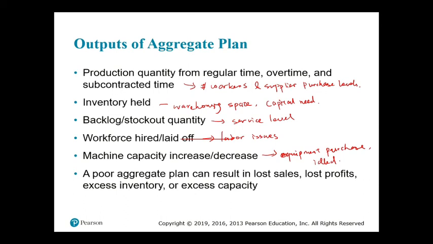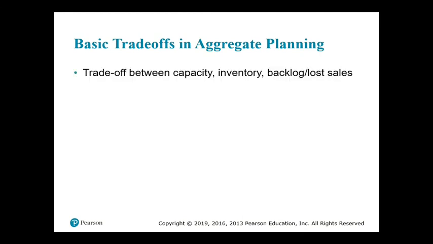And since it affects so many things, it's important to come up with a reasonable and sensible aggregate plan to avoid lost sales, lost profit, high inventory, or excess capacity. So what are the main trade-offs in aggregate planning? There's a trade-off between capacity, inventory, and lost sales.